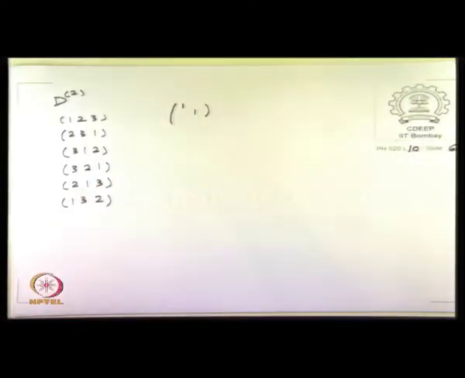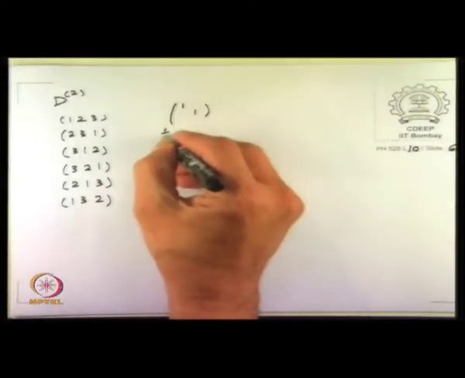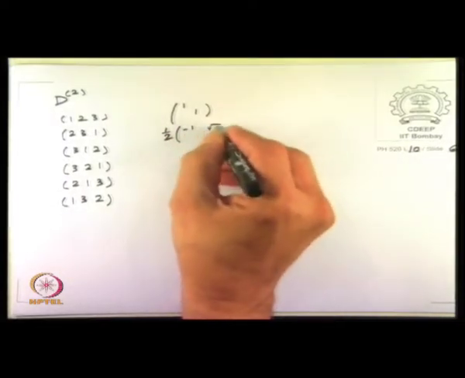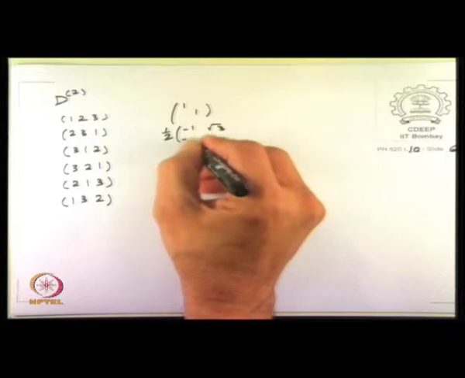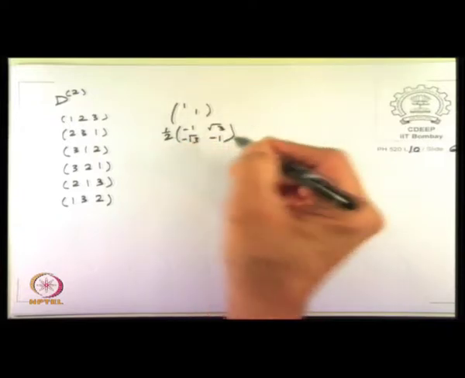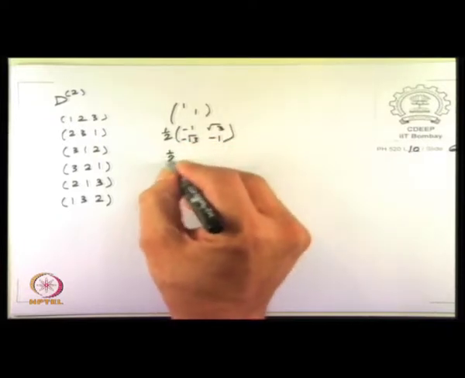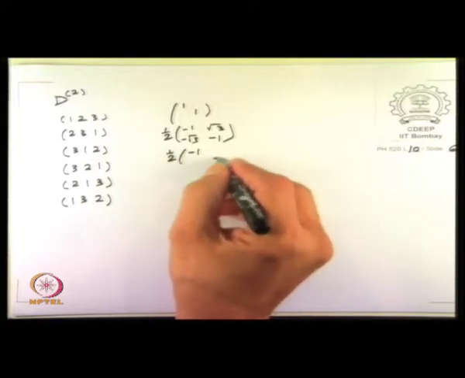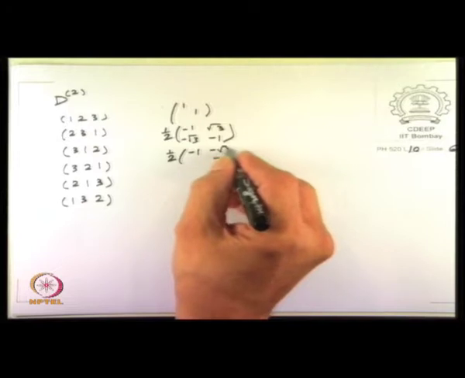Then the next one is 1 half times [-1, square root 3; minus square root 3, minus 1], and the next one is 1 half, only the signs of square root 3 change, [-1, minus square root 3; square root 3, -1].